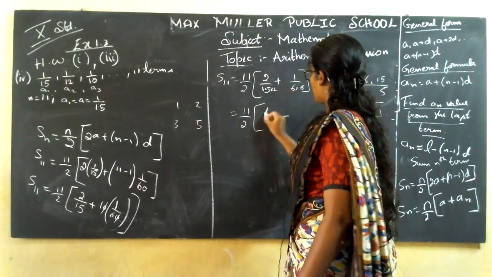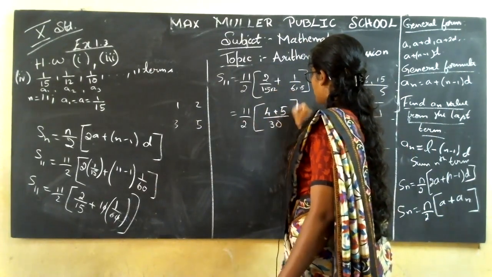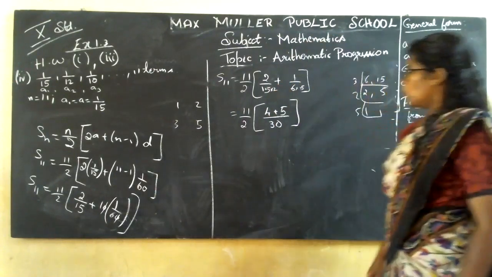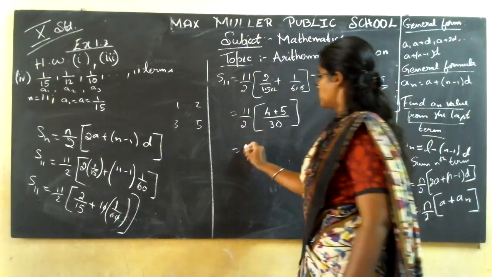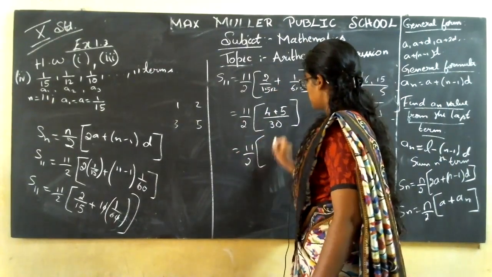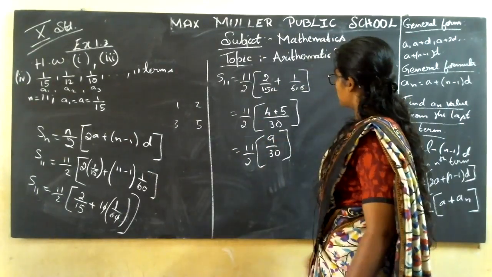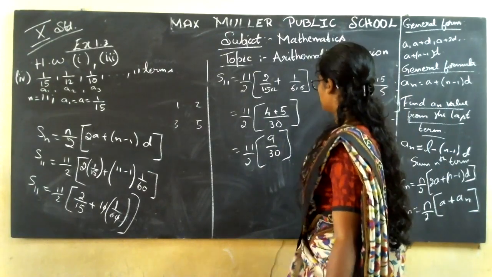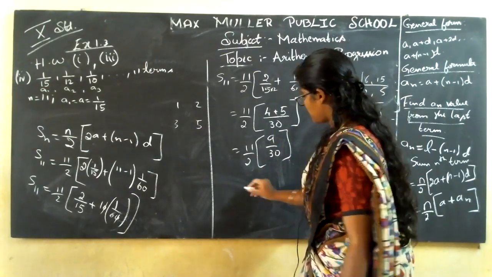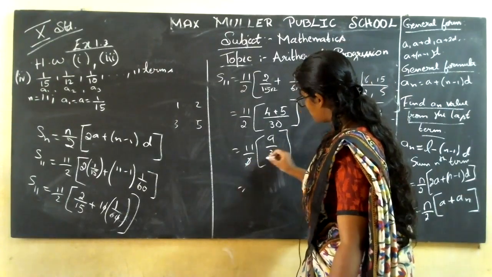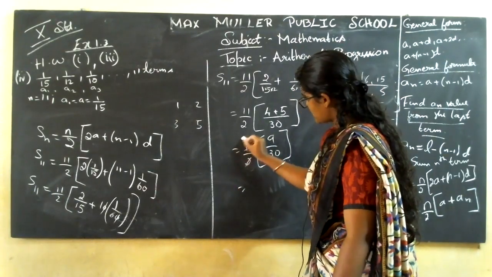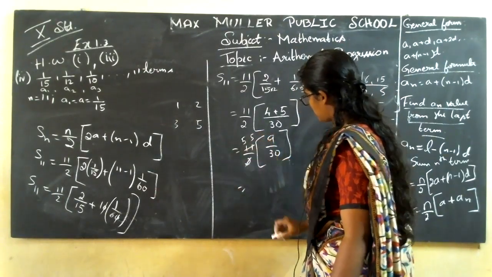So 2 2s are 4 plus 5, is equal to 11 by 2 into 9 by 30. Okay, 2 5s are 10.5.